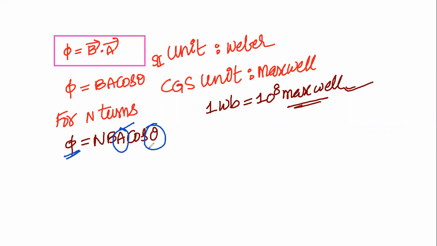Based on the angle between the normal and the magnetic field, the magnetic flux will change. So magnetic flux phi is equal to NBA cos theta. This change in magnetic flux will be there due to the number of turns, magnetic induction, area of surface, and angle, right? So now Faraday's laws of electromagnetic induction.